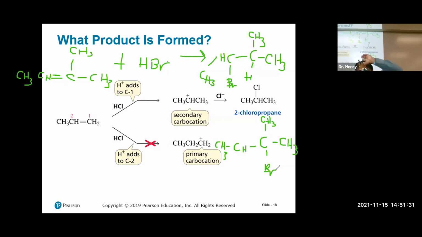Okay. So those are your two options, right? Are we going to form the first one? And if so, do we expect to form a lot of it? Okay. There's going to be a little of it.